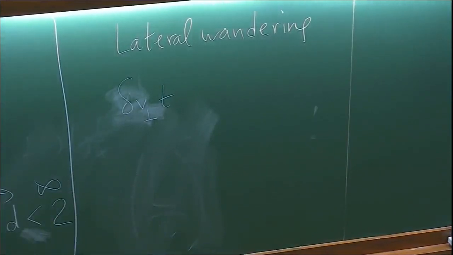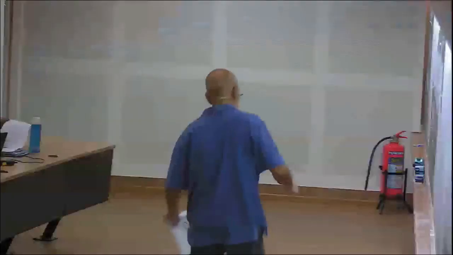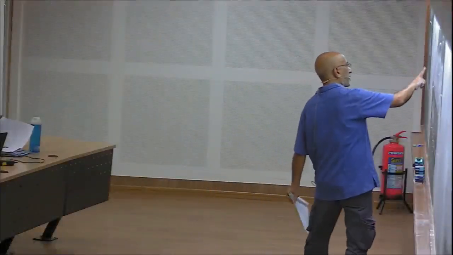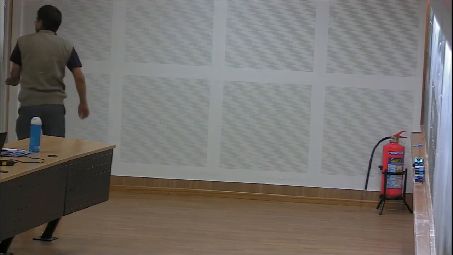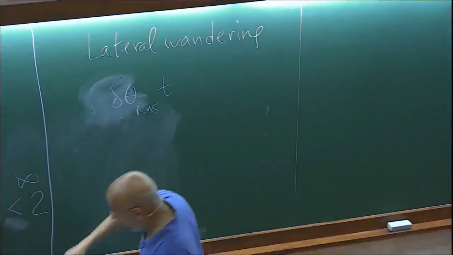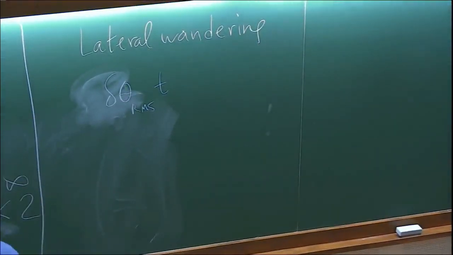I've changed notation, delta s perpendicular is of order theta. So the lateral wandering is of order delta theta RMS times time. And this delta theta RMS is what we just estimated here.